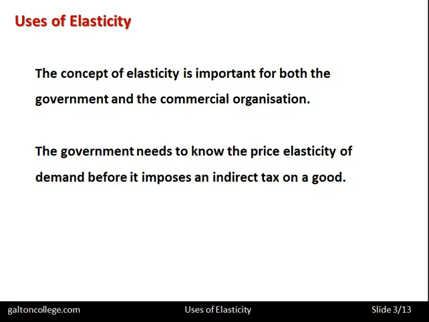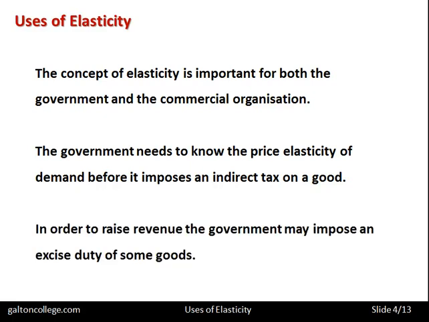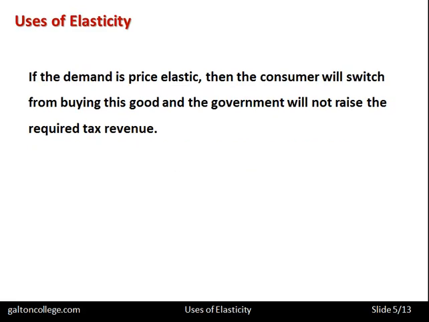So the government must understand the importance of elasticity of demand when imposing taxes. In order to raise revenue, the government may impose, say, an excise duty on some goods, but it must understand the consequences of doing that, and to do that it must have some appreciation of the likely elasticity of demand for those goods. If the demand is price elastic, then the consumer will switch from buying this good and the government will not raise the required tax revenue.